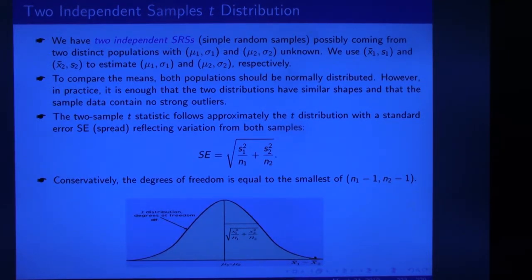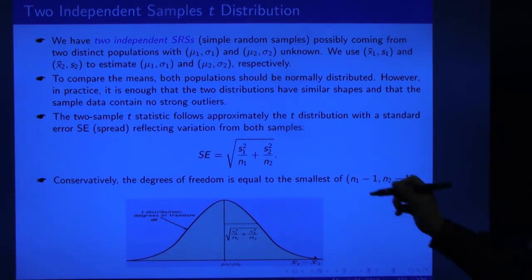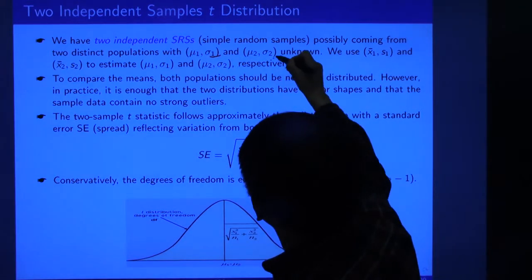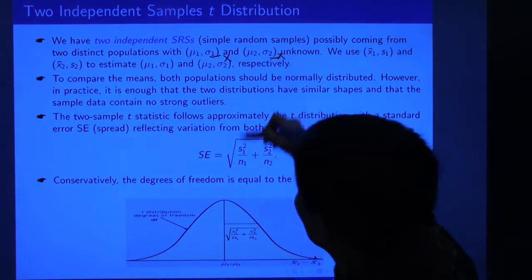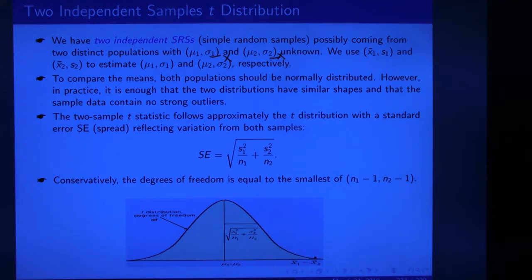In the last slide, we discussed the two independent sample normal distribution or z-test, where we know sigma 1 and sigma 2 for both populations. How about if we don't know sigma 1 and sigma 2? That means we are going to use a t-test.